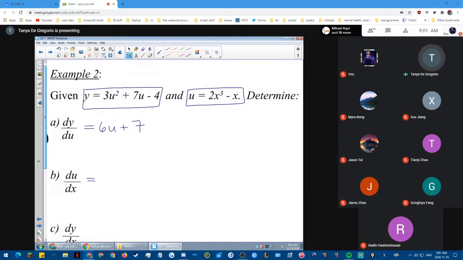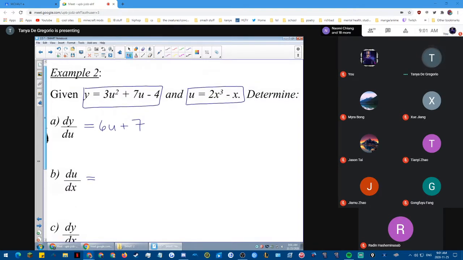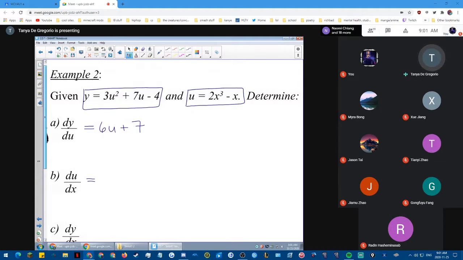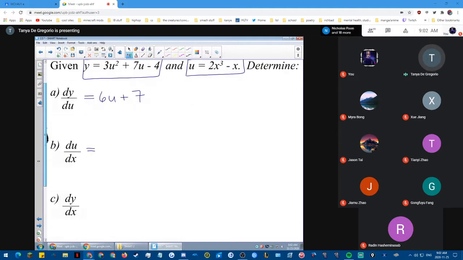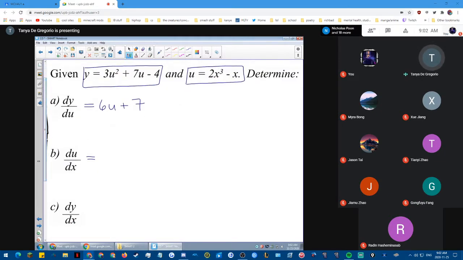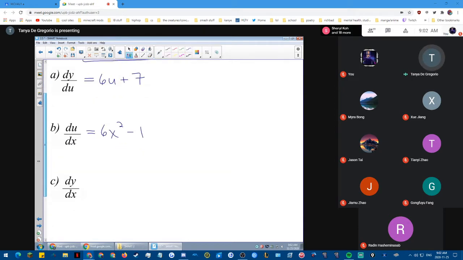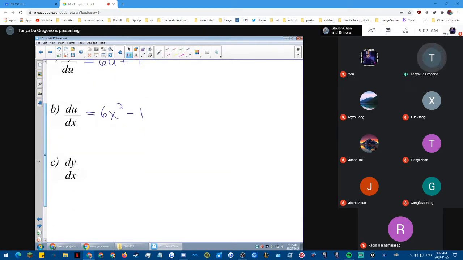And now we're going to find du dx. So now I go to where my u is my dependent variable, and I take the derivative. What's the derivative of 2x cubed minus x? Simple derivative, yes. Good. And we learned that in order for me to get dy dx, I am going to multiply the two together, right?